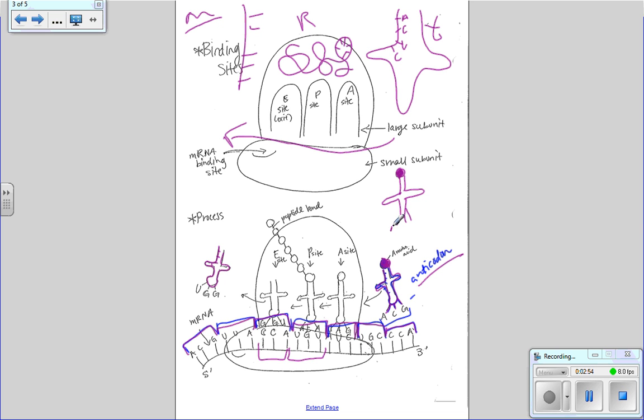Let's make it really easy and say A is the anticodon, and then this is the amino acid that matches up with that anticodon. So what's the codon going to be that this tRNA matches up with? What does A match up with? U. Good. So U. That's kind of how it works.